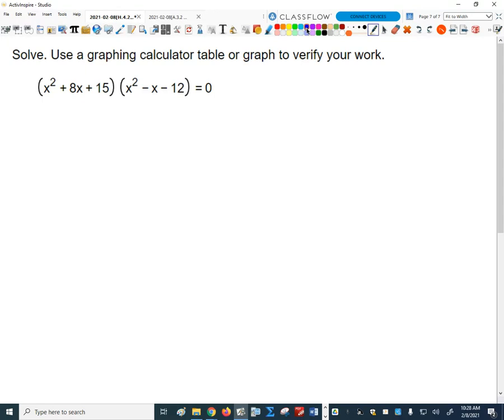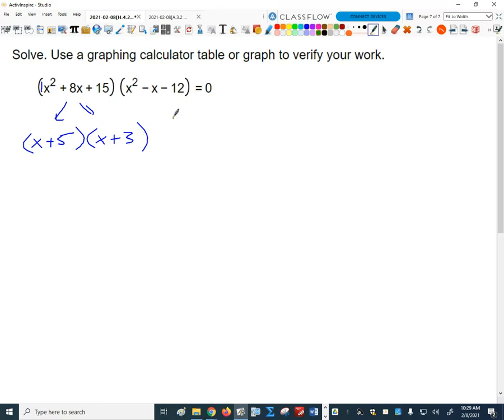Well, let's see. How about this first one? These are both easy quadratic trinomials to factor because a is equal to 1, right? So are there magic numbers that multiply to 15 and add to 8? Yeah, right. 3 and 5, right? So I can split this one into x plus 5 times x plus 3.